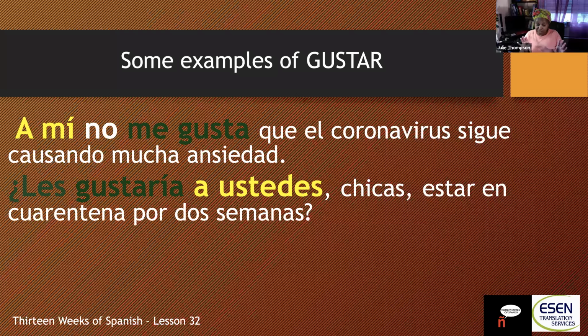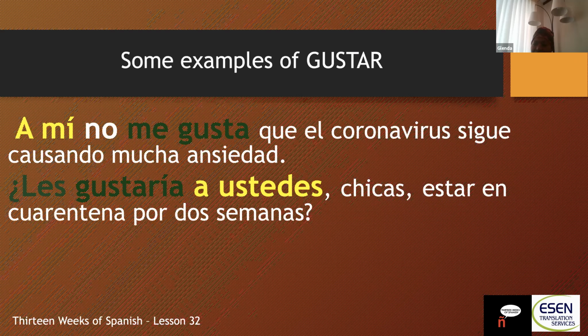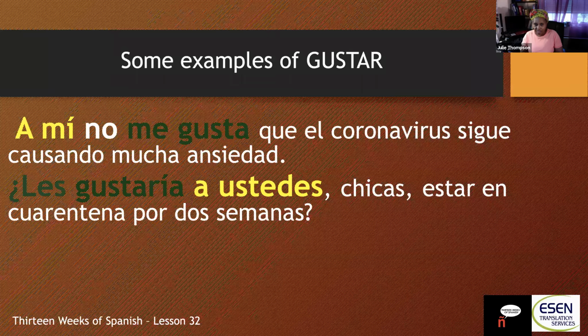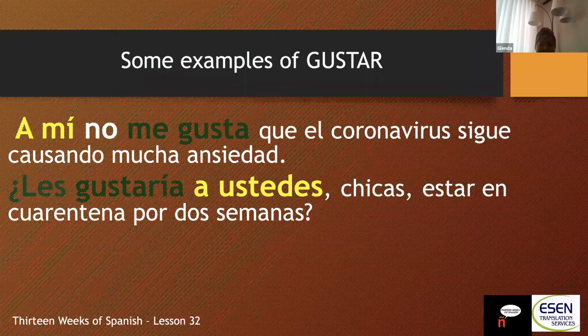Now, you're not going to believe me, but this is the object, and the subject of this verb is estar, and even more so, estar en cuarentena. Why? Because in English, we're saying, would you girls like to be in quarantine for 2 weeks? Now in English, girls is controlling the verb. You follow me so far?